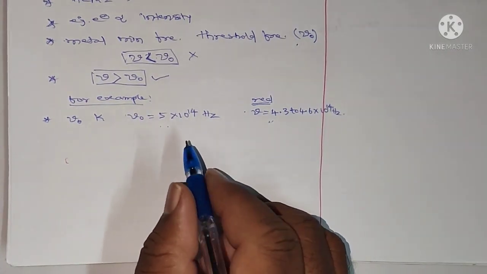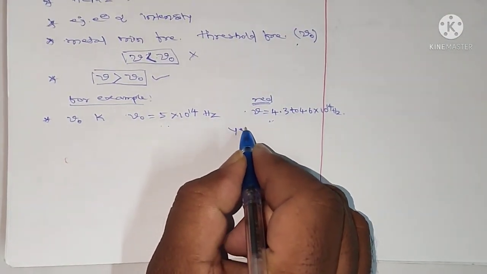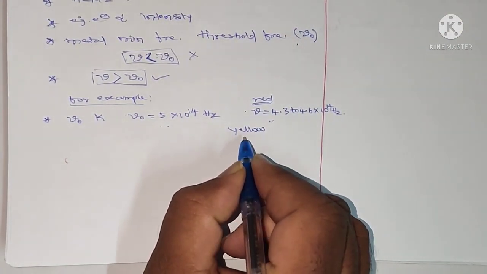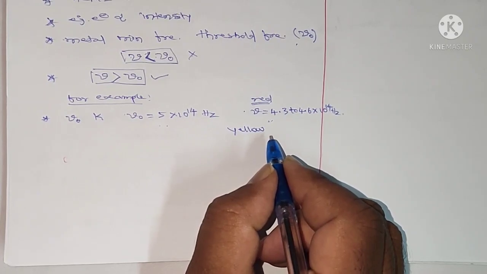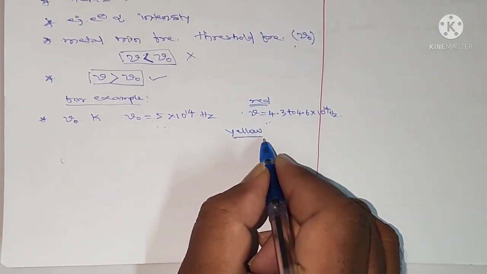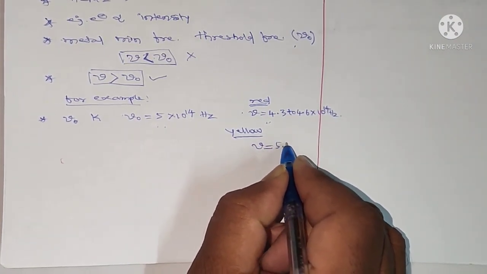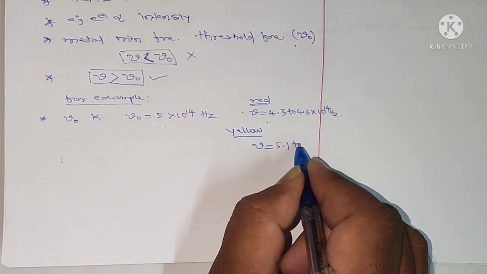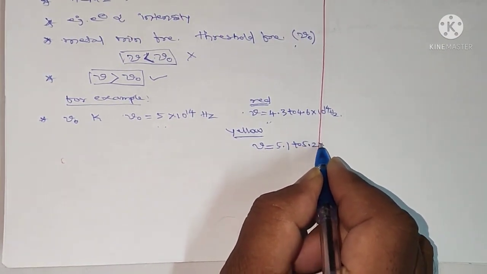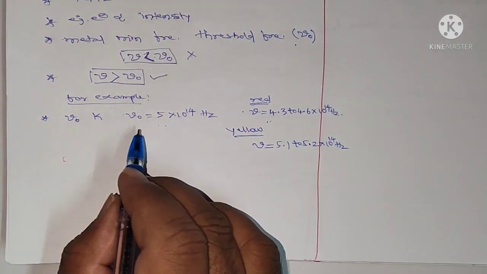But electrons are ejected by using the yellow light. The yellow light frequency, mu is equal to 5.1 to 5.2 into 10 to the power of 14 hertz.